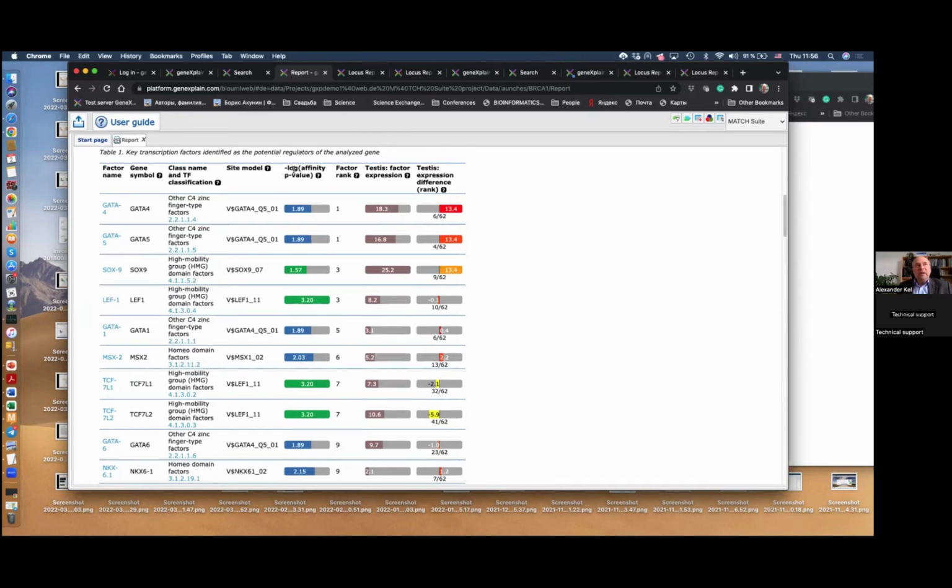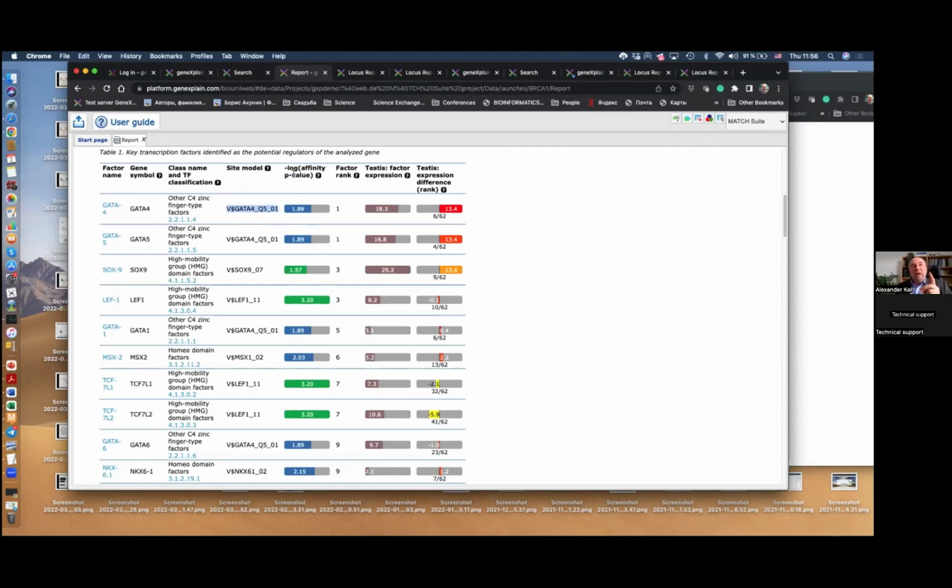The first p-value here is the affinity p-value, the p-value of the affinity score which I was telling you about in the very beginning. We take this matrix GATA 4 Q5, and we estimate the affinity score for that matrix for the whole promoter, and the affinity score here is 1.89.